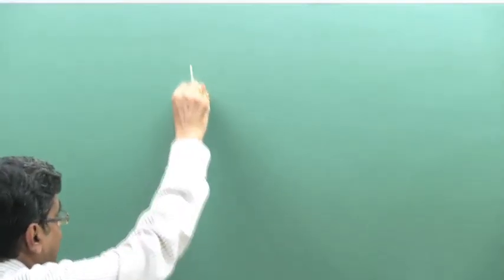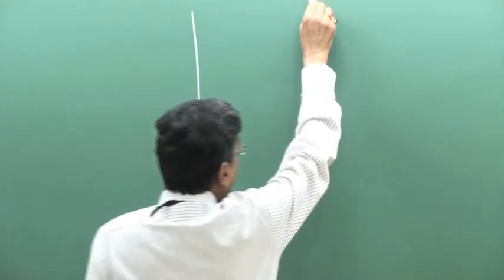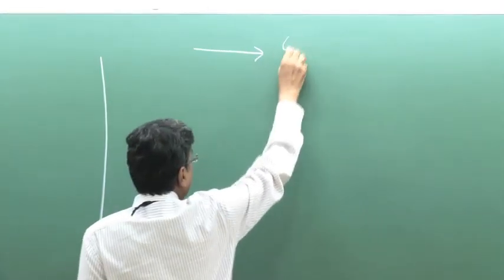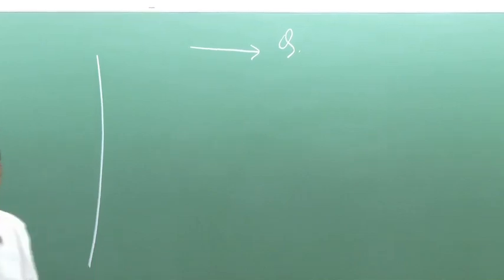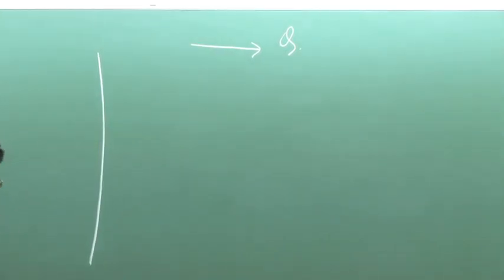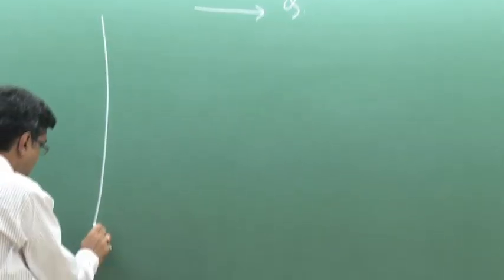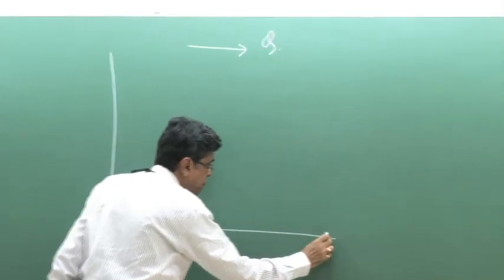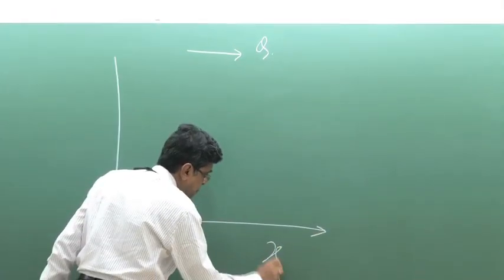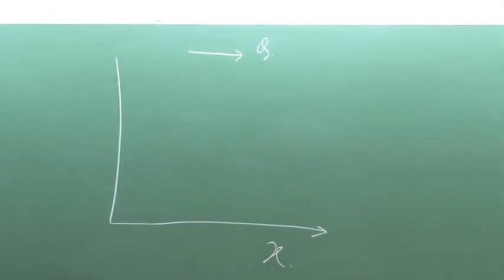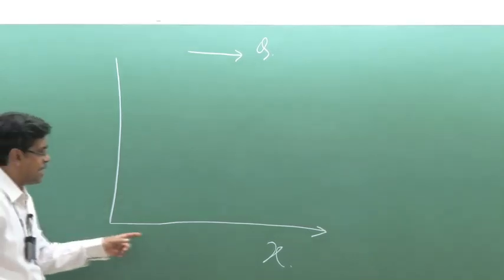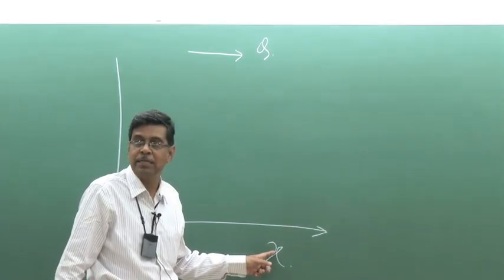Let us consider a direction of heat flow Q. Q is flowing in this direction, and we prescribe this direction as x, a spatial coordinate.